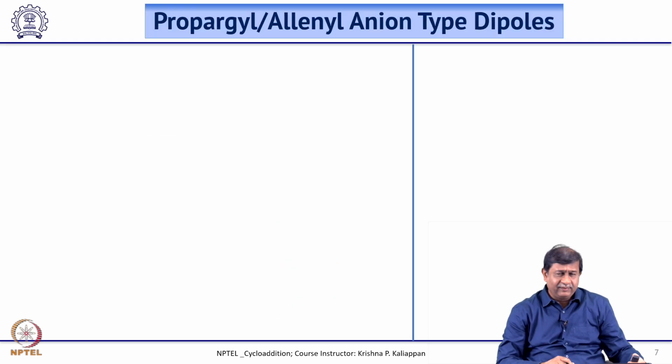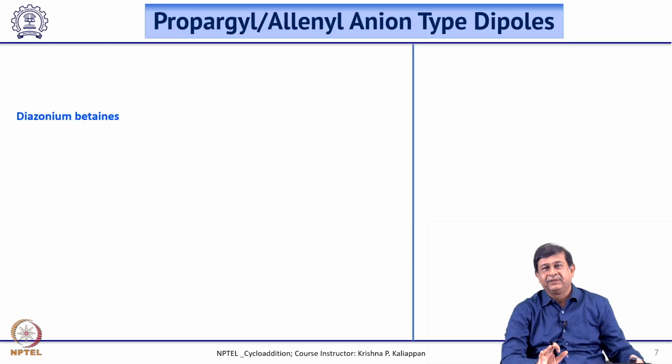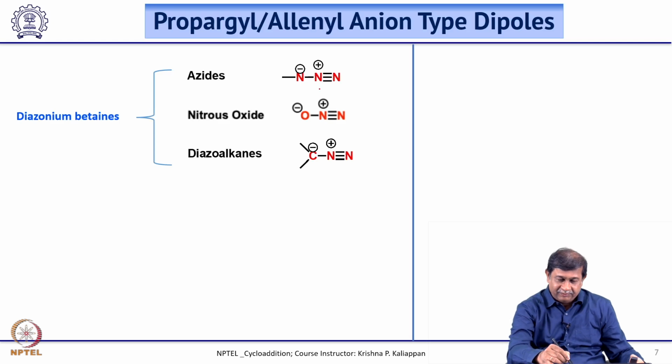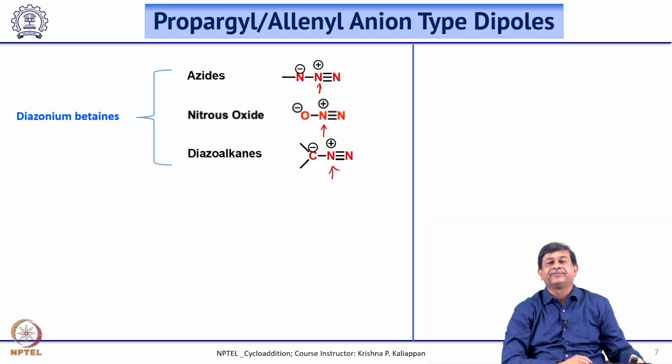Okay. So, now let us move to the propargyl or allenyl anion type dipoles. Again here there are two types. One is based on diazonium. Okay. So, we call it as diazonium betaine intermediates. So, here the central atom is nitrogen. Okay. The central atom, you can see it is nitrogen, this is nitrogen, this is nitrogen.